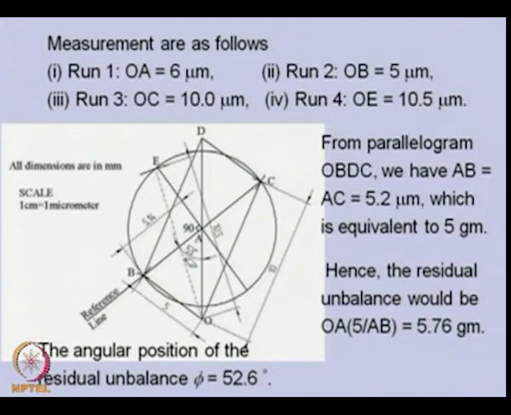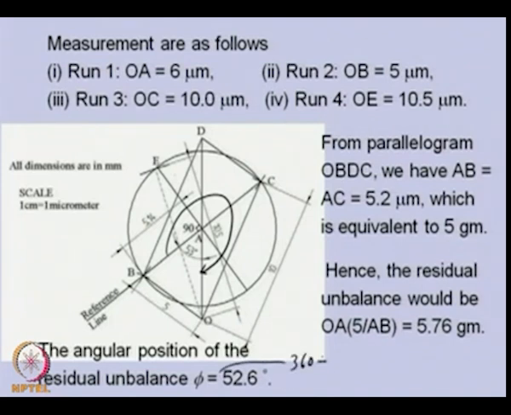So the actual position of the residual unbalance, which is AO, will be given by this angle. So 360 minus 53. That will be the angular orientation. So basically this will be 360 minus this.